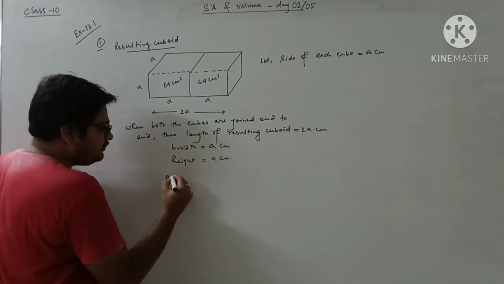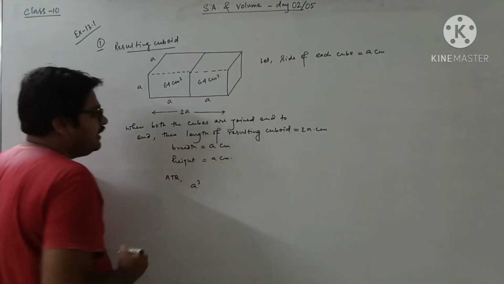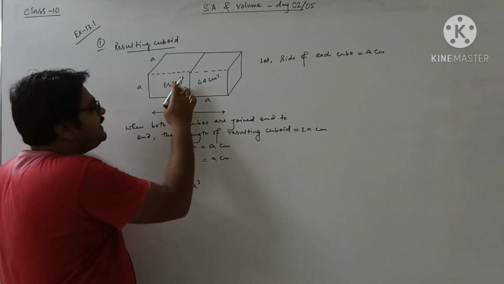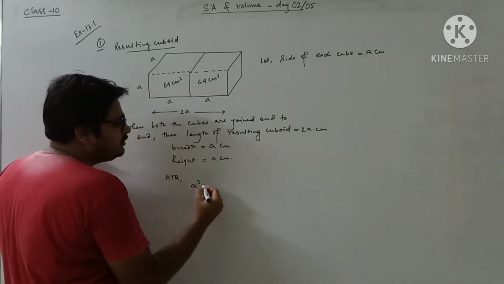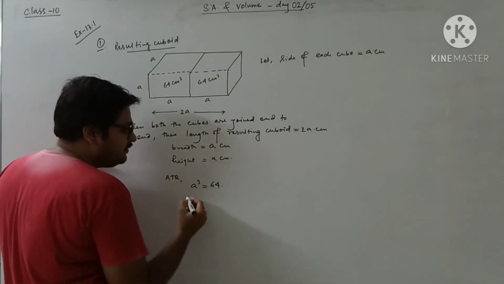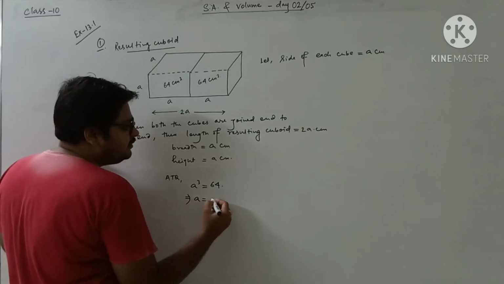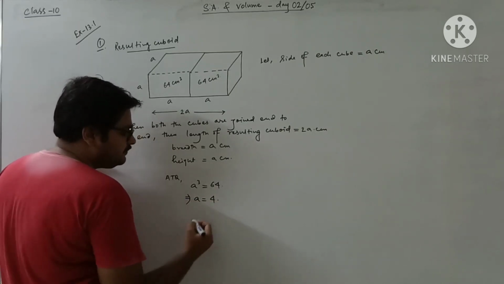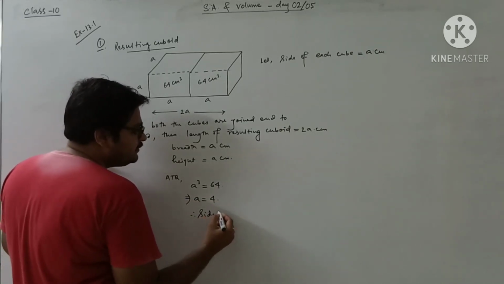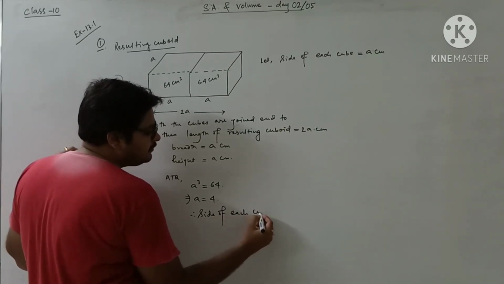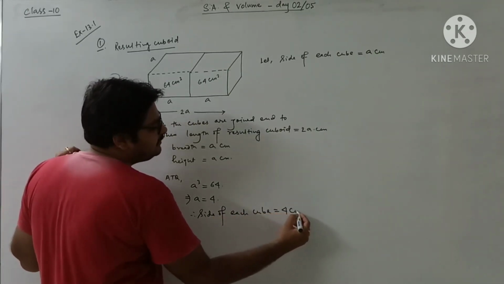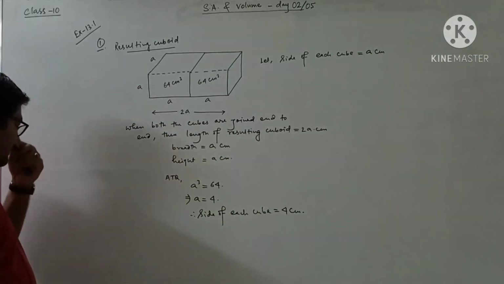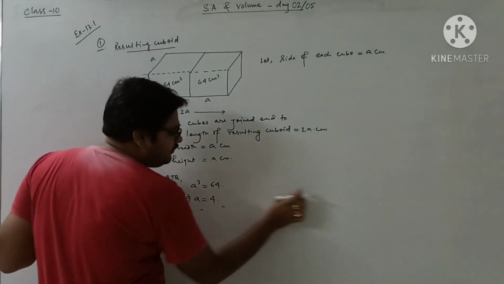Now as the volume of each cube is given as 64 centimeter cube, we can write a cube equal to 64. So a equal to cube root of 64, that means 4. So side of each cube equal to 4 centimeter. Or you can write here a equal to 4.